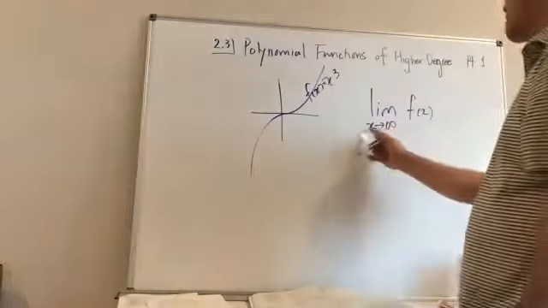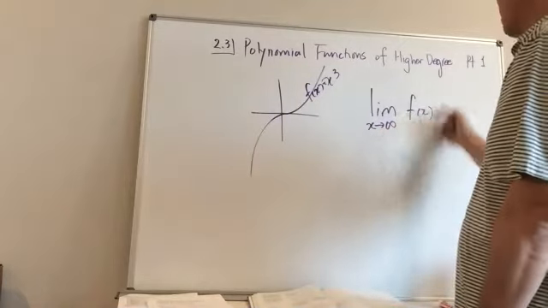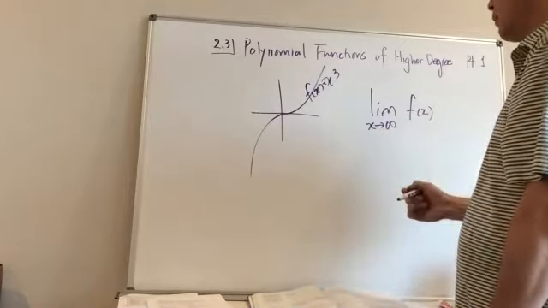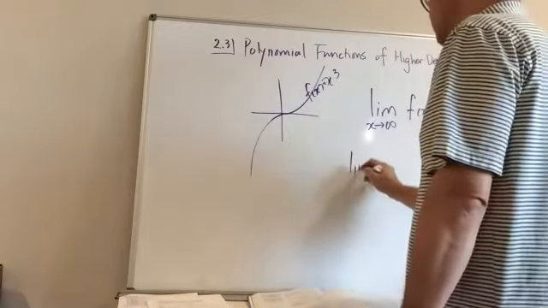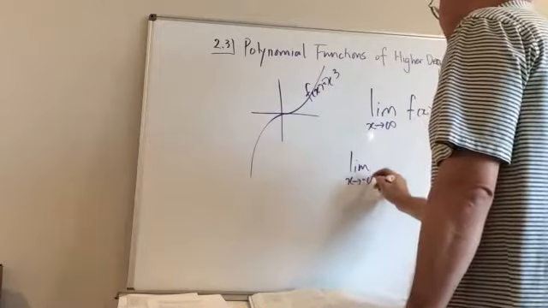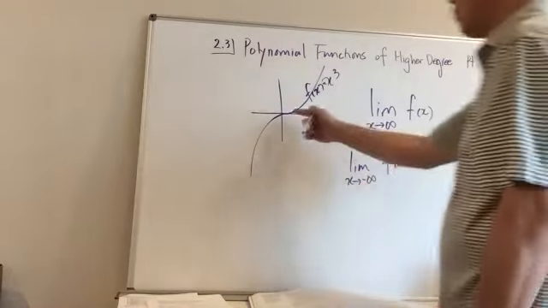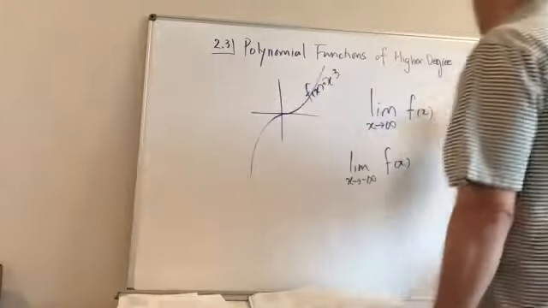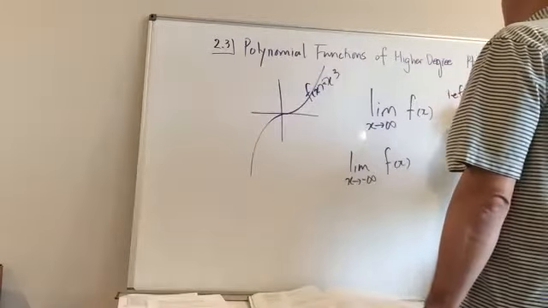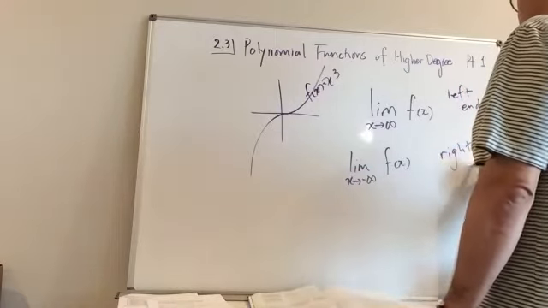So limit as x goes to infinity, I'm trying to find out what is happening to this function, okay? Limit as x goes to negative infinity would be the end behavior on that side. So this would be the left end behavior. This guy would be the right end behavior, right?